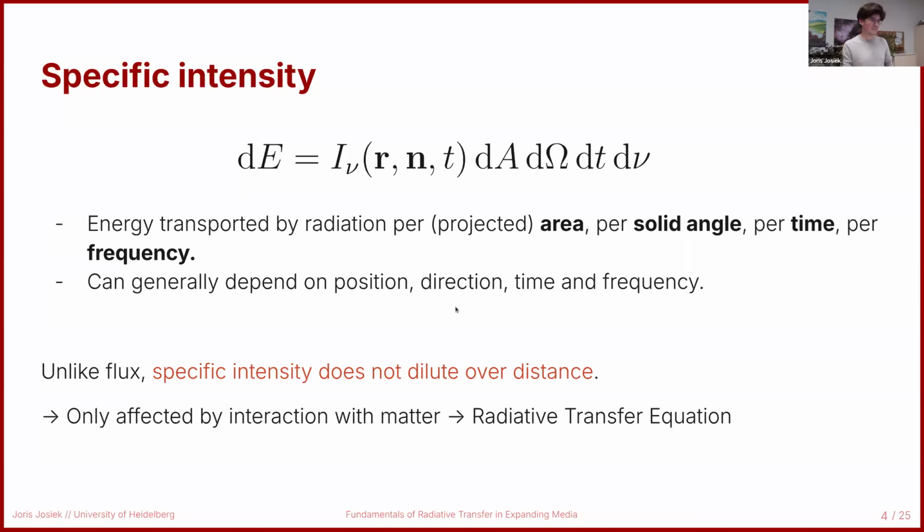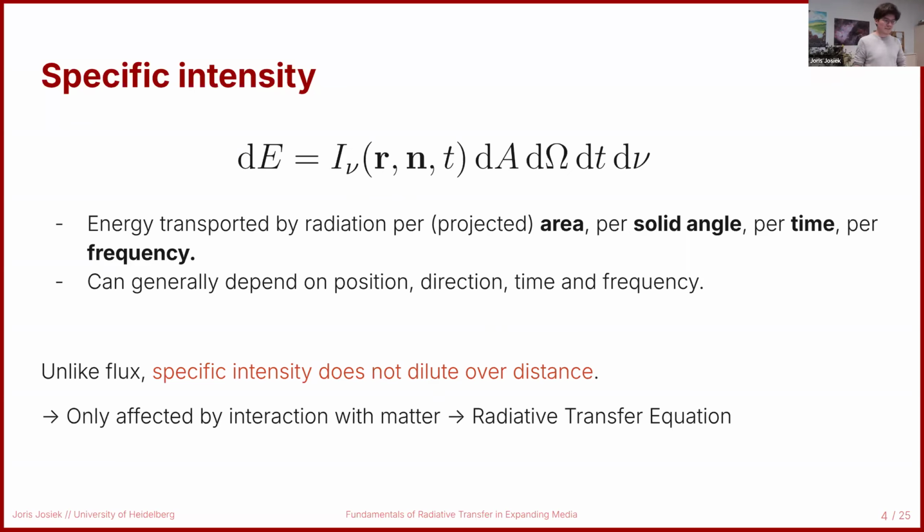In general, this is a function that can depend on all of these quantities, so frequency, location, also direction, and time. And the key difference between specific intensity and maybe the more intuitive concept of the flux is that, unlike flux, the specific intensity does not actually dilute over distance. The only way it's affected is by interaction with matter.